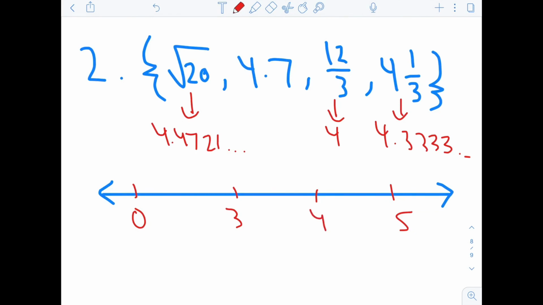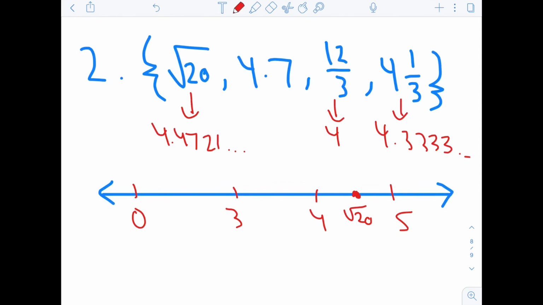So let's start with root 20, which is 4.47. So that's going to be a little under 4.5. So it's going to be a little under the middle of 4 and 5. So like right there. 4.7 is going to be a little above 4.5.